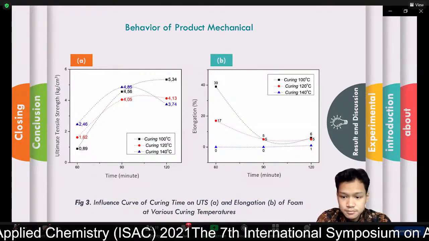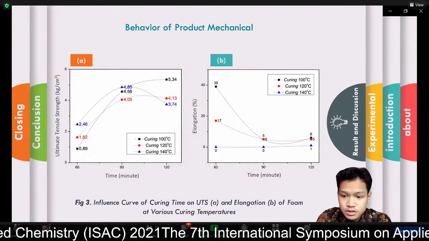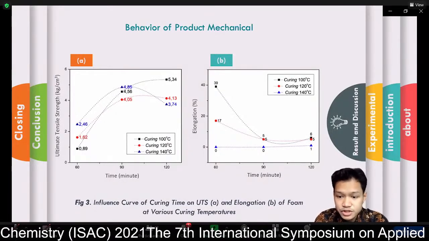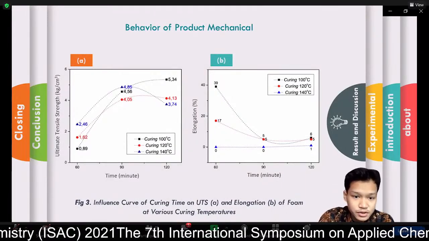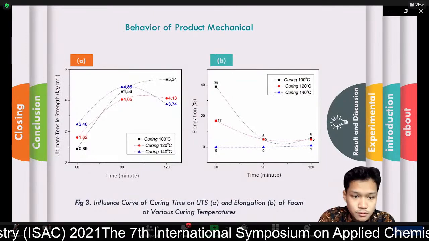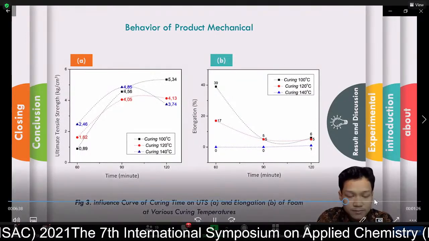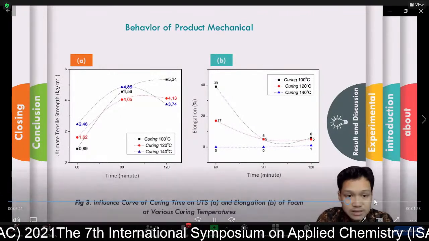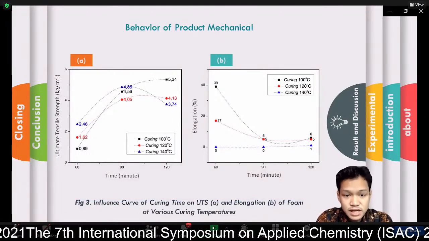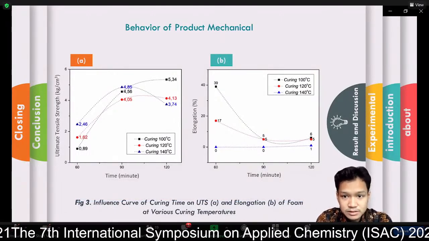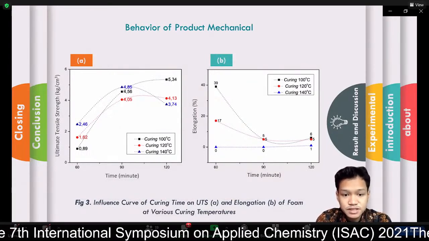We can see that the best shear resistance value was obtained from polyurethane foam with the addition of chitosan and calcium carbonate, cured at about 100 degrees Celsius for 120 minutes, like 2 hours. And the same result with elongation, with the same sample too.